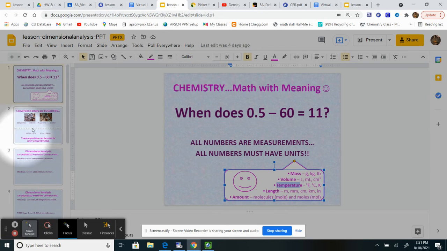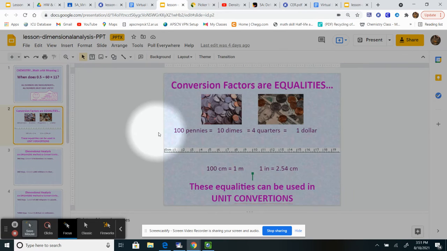So if we go to our second slide here, all units have to be equal to something. So 100 pennies is equal to $1. 10 dimes is also equal to $1.